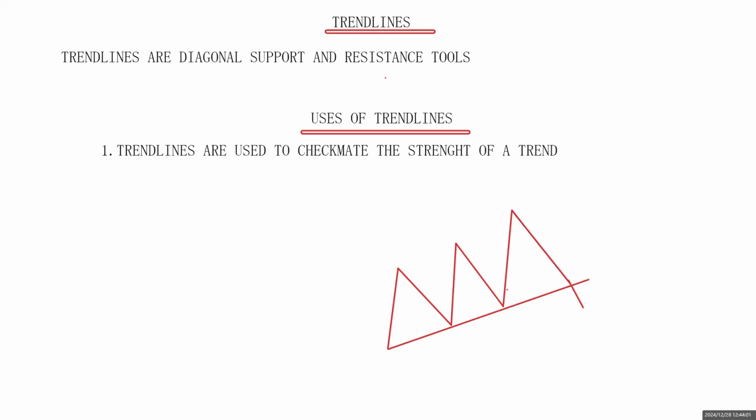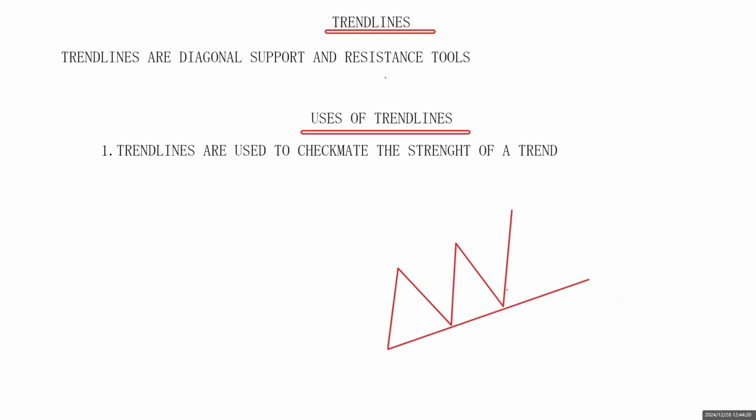However, if prices violate the trend line, it will allow us to know that the bullish trend is probably done and price has now started a bearish trend that will send prices down. So trend lines are used to checkmate the strength of a trend.